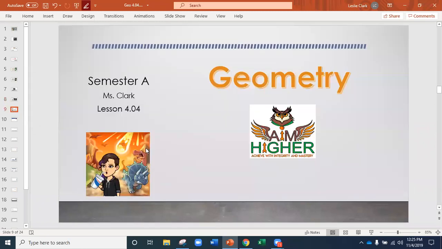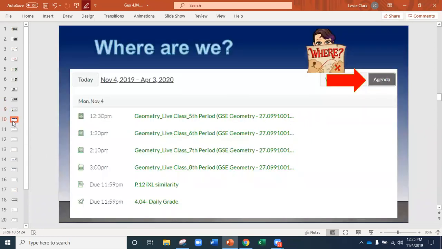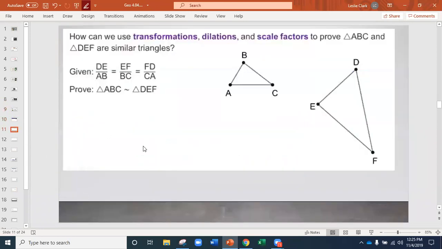So we're going to do 404. And we're going to talk about how the proportional sides factor into finding triangles are similar. It means the sides have to be proportional to each other. Notice how the top of these fractions are all this triangle and the bottom is all this one.